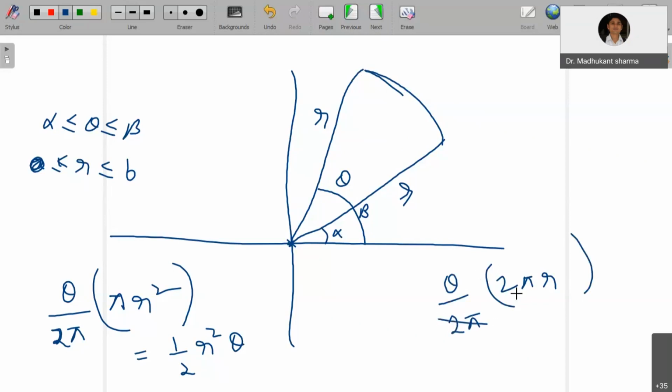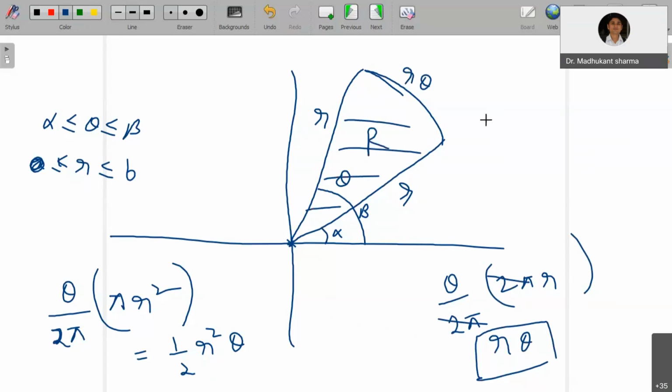So that's going to be r theta. So this is the length of the circular arc, and the area of this region, I should write A of r, is going to be 1 by 2 r square theta.